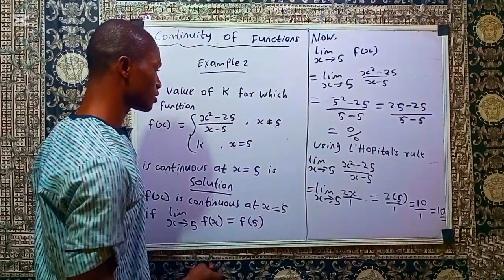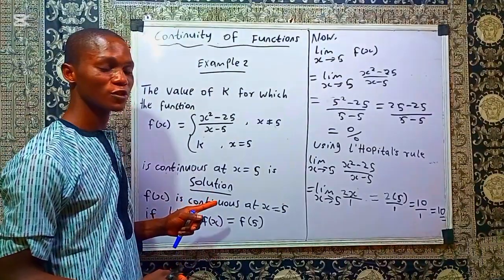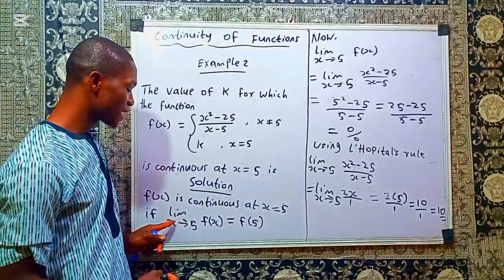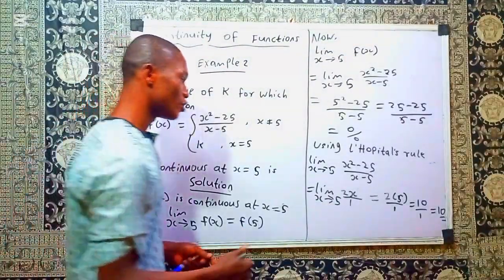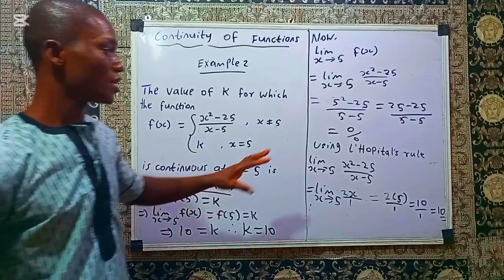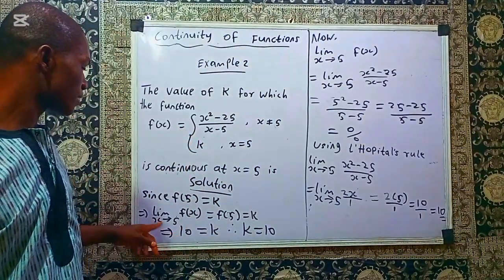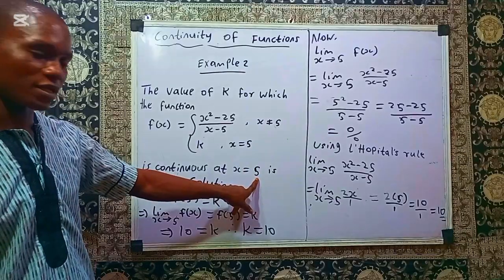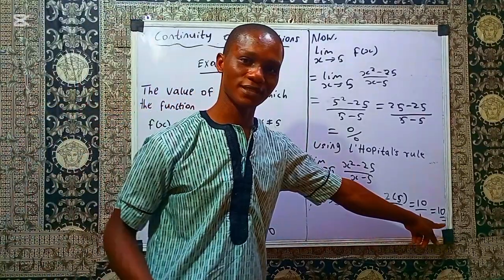But we assumed that this function is continuous, so the limit as x goes to 5 of f of x must be equal to f at 5. From what I solved here, I first evaluated the limit of the function as x goes to 5, and we got the limit to be 10.